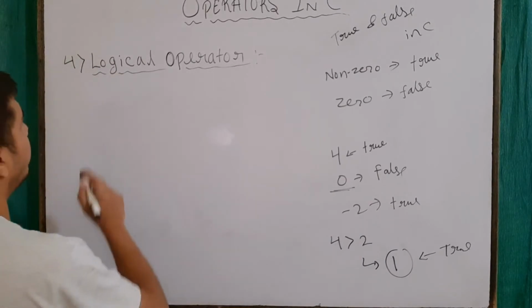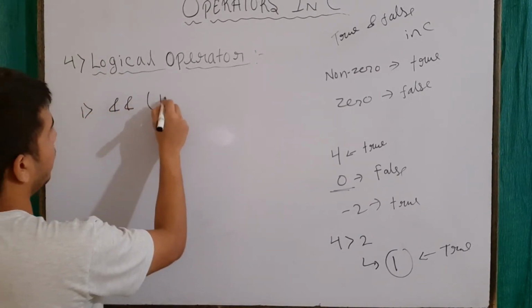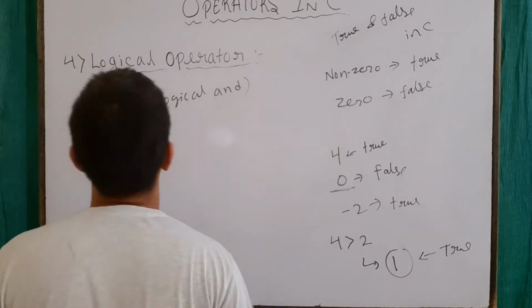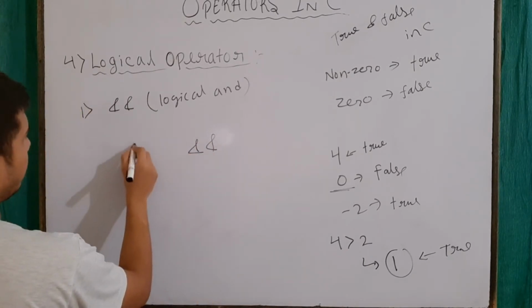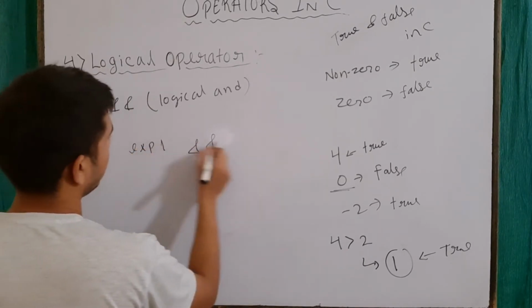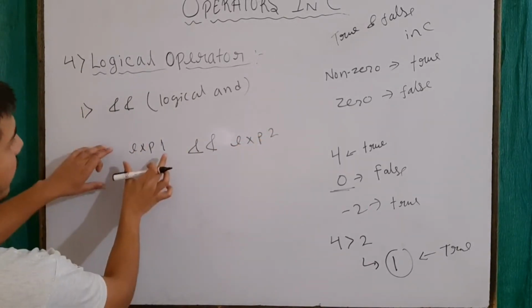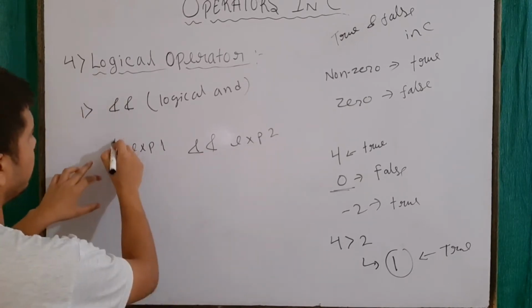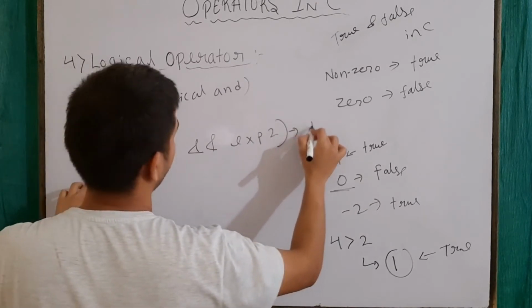Now in logical operators, first of all we see the logical AND. What happens here? There will be two expressions. Let's say this is expression 1, this is expression 2. If the final results of expression 1 and expression 2 are true, only then this entire entity will be evaluated to true.